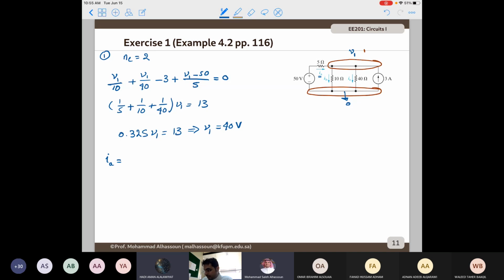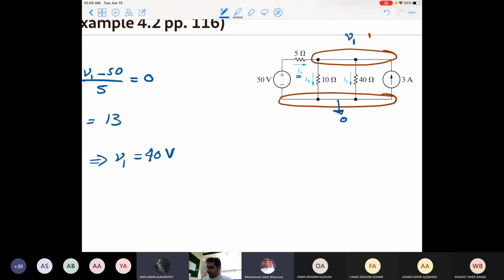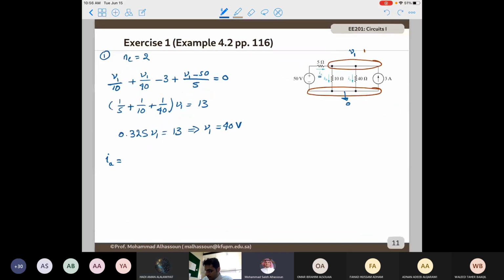Yes, Ohm's law uses the potential difference: 50 minus V1, because of the direction here. Oh yeah, we assumed that it's leaving before. No, it has nothing to do with the assumption that it's leaving. So 50 minus V1 over 5, and in this case it's going to be 2 amperes.